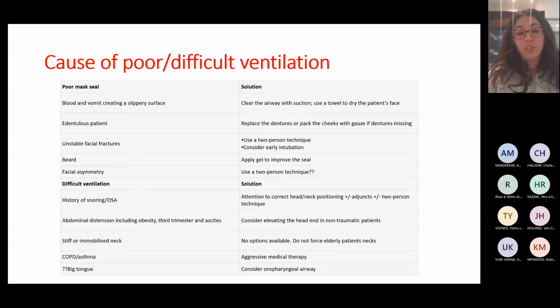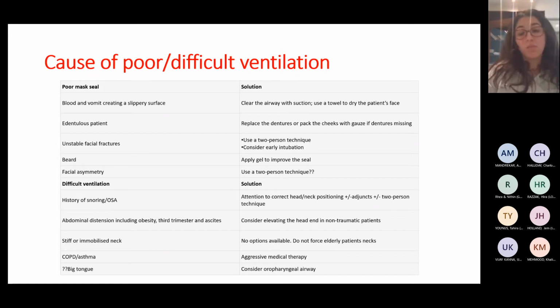You might have patients with unstable fractures. This is a very tricky situation. When you put a bag, you're putting pressure, which might compromise the fractures and make the situation worse.